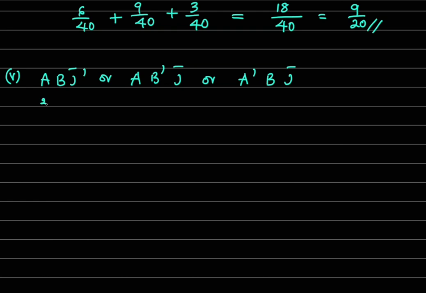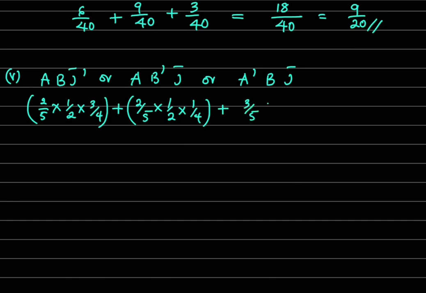A passing, this is 2 all over 5 times 1 over 2, then times 3 over 4. All right, then plus we are going to have 2 over 5 times 1 over 2 times J passing is 1 over 4. Good. Then plus A failing, this is 3 over 5 times 1 over 2, then times 1 over 4.